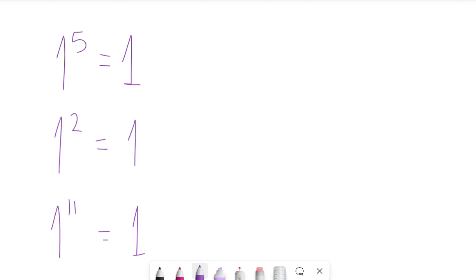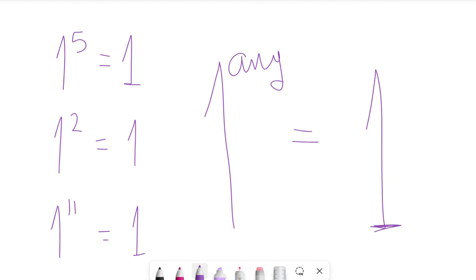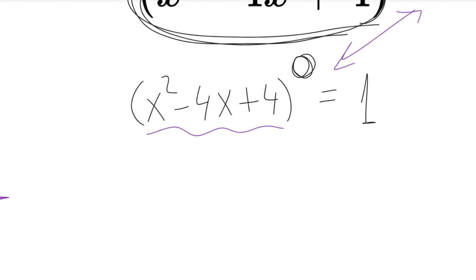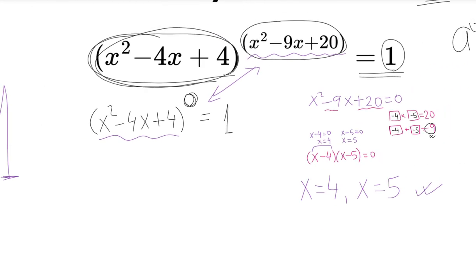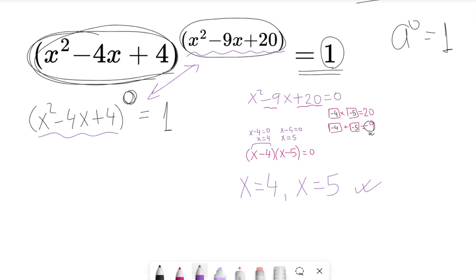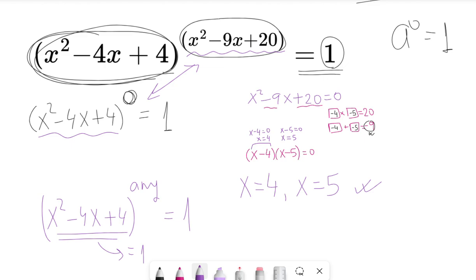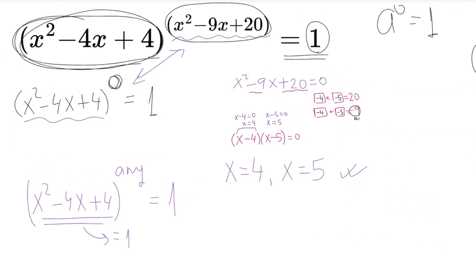So guys, what do we notice? 1 to any power is always equal to 1. If we apply that property over here, if our x squared minus 4x plus 4 raised to any power is equal to 1, then the base can be replaced by 1, because remember, 1 to any power is always equal to 1.